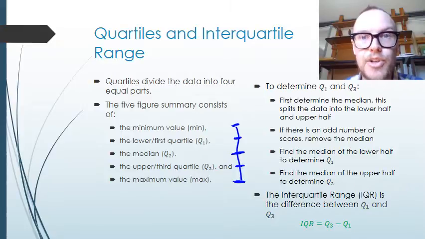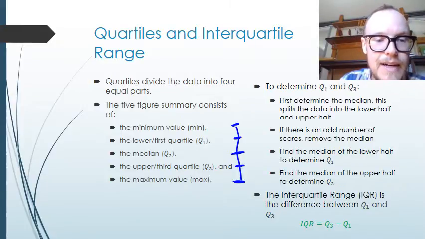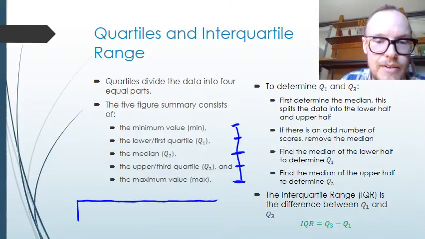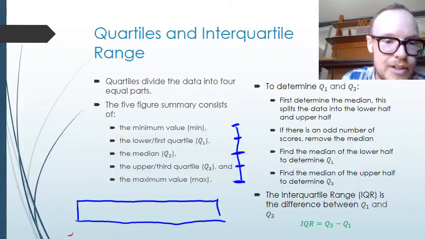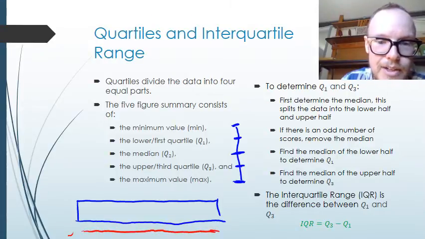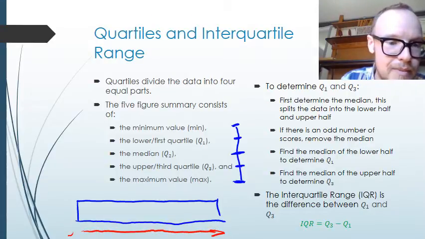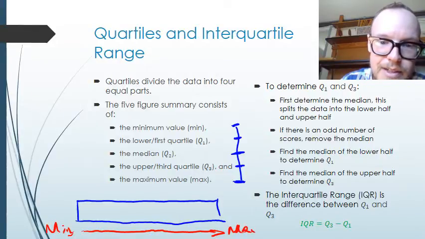In order to determine Q1 and Q3, firstly, we've got all of our data arranged in ascending order, from lowest all the way to highest, so our minimum value is down this end and our maximum value is down this end.